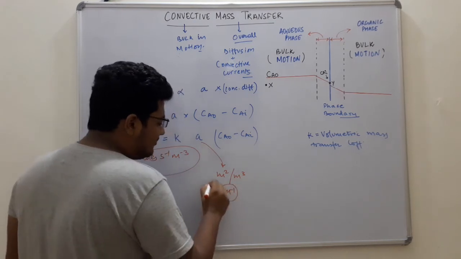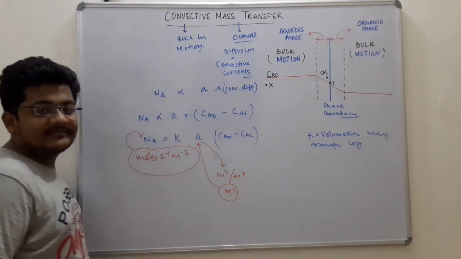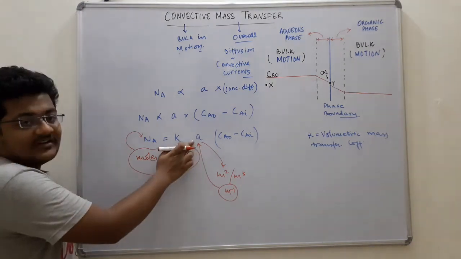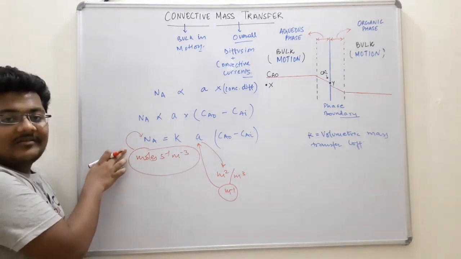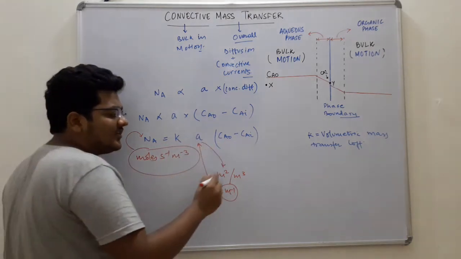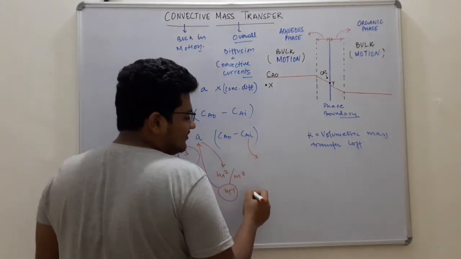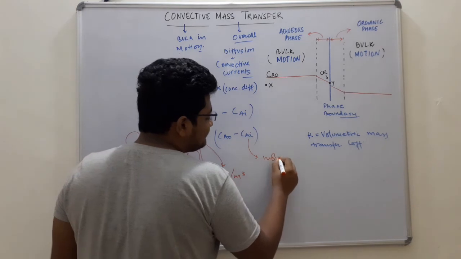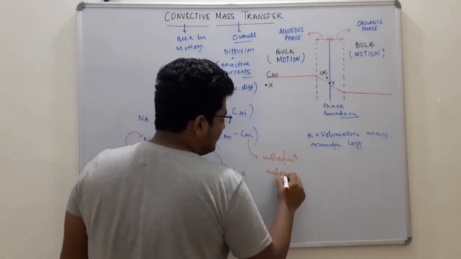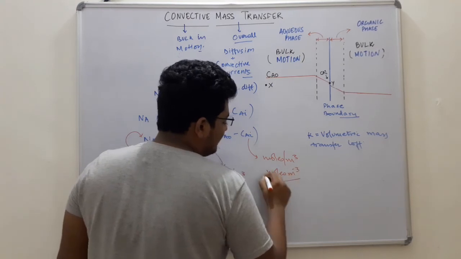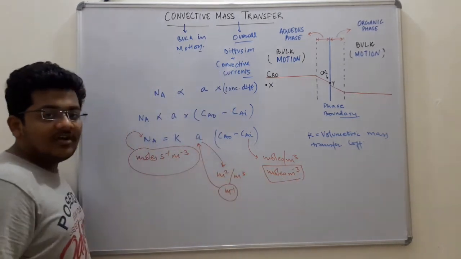This is the unit for specific area in this case, and this is the unit for volumetric mass transfer. The unit for concentration remains the same: moles per meter cube, or moles m to the power minus 3.